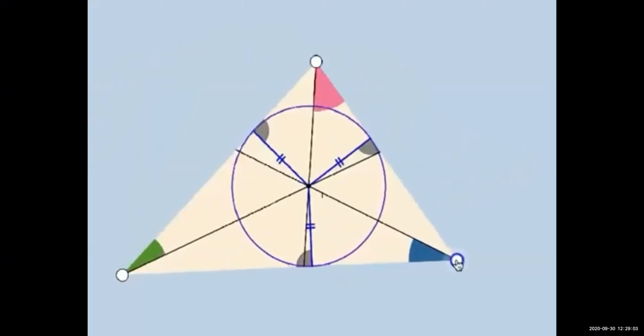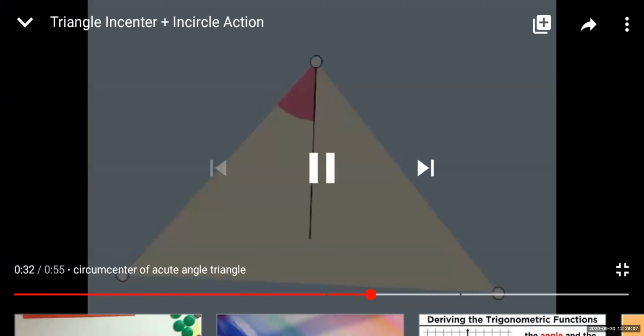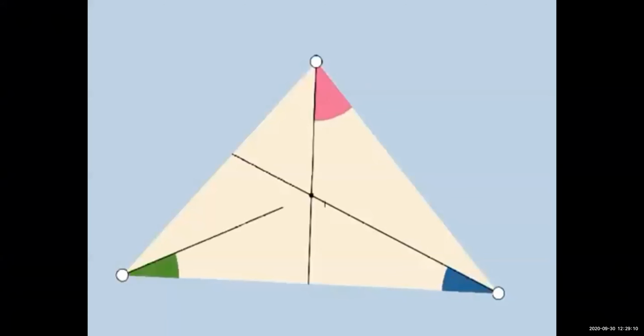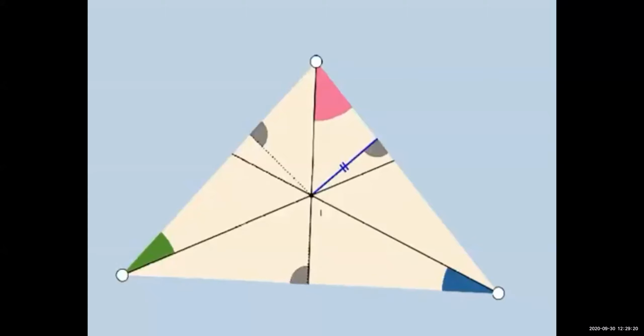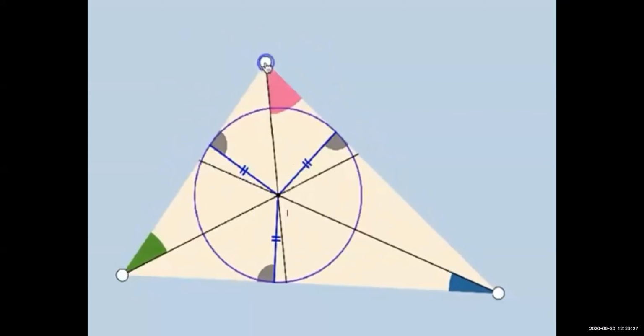Just as we saw that in a circumcircle, if we change the type of triangle, the circumcenter position is changed. But in the case of the incenter, if the triangle type is changed, the incenter and incircle are not going to change. They are always inside the triangle.